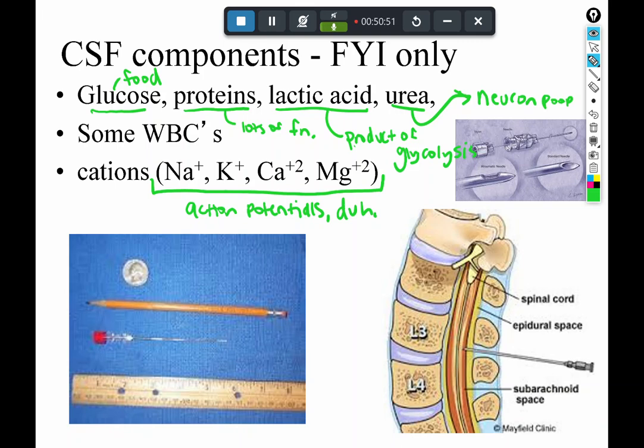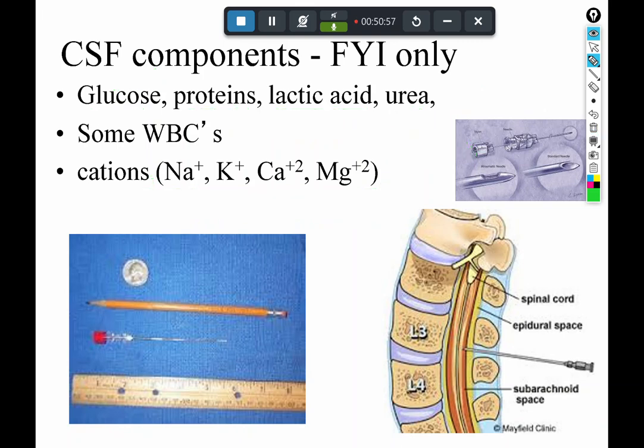So let's take a look at, I mentioned the epidural, and I'll talk a little bit about that as well, but this is a picture showing a lumbar puncture. So we can see after the spinal cord, here's where the conus medullaris ends, now we're in the cauda equina territory.